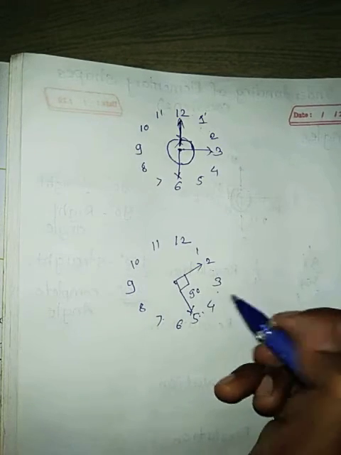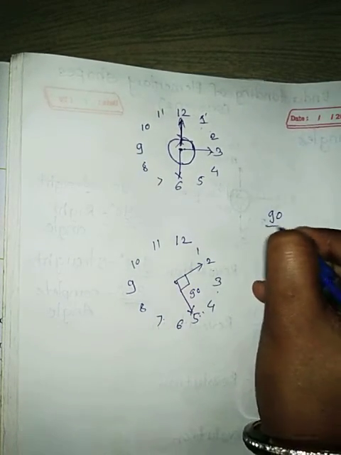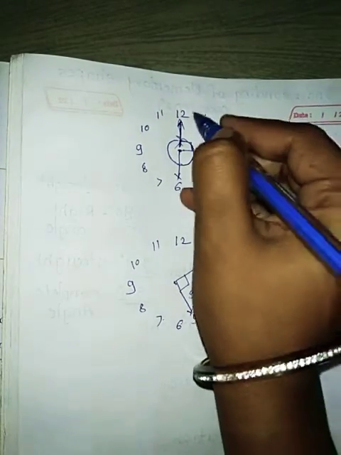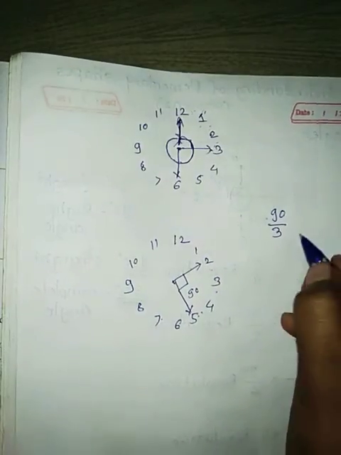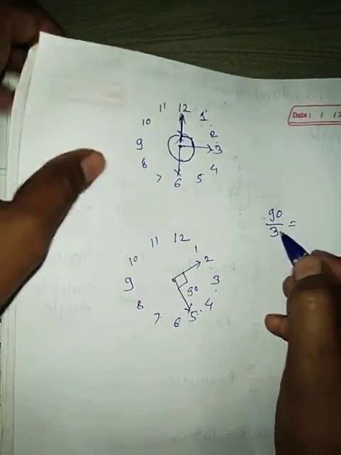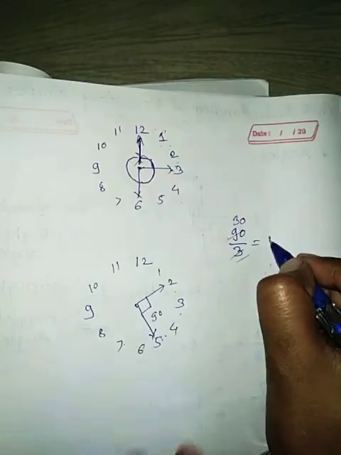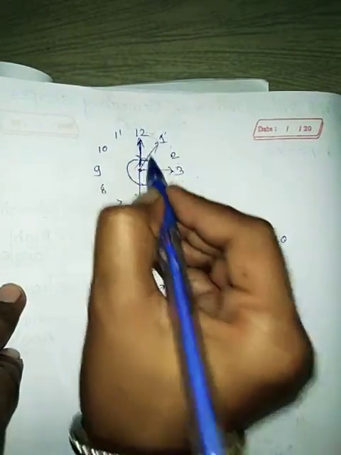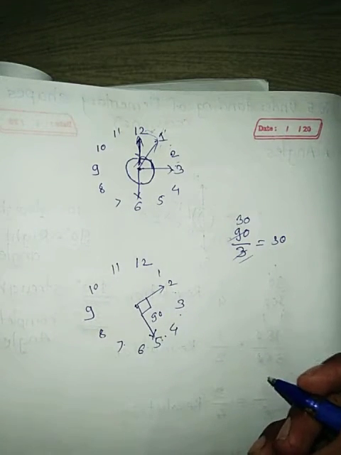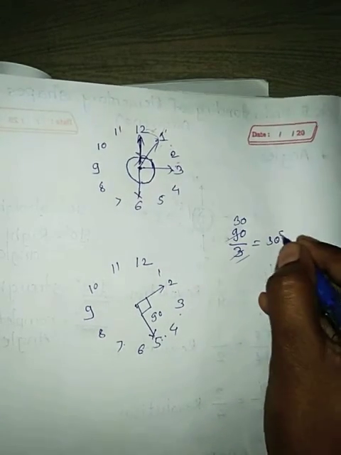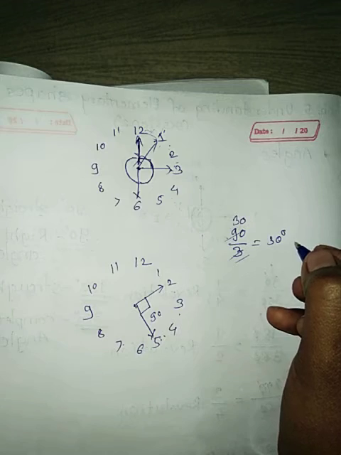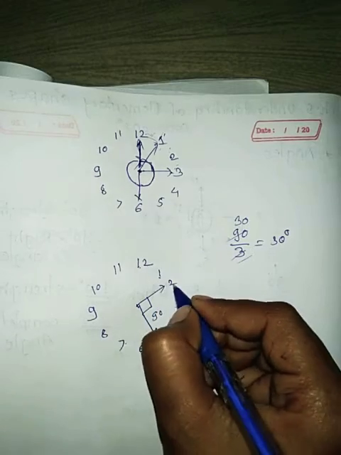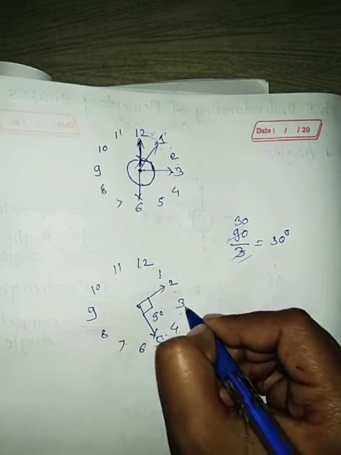So 90 degrees for 3 divisions of the clock. 90 divided by 3 is 30 degrees, so each part is 30 degrees. From 12 to 1 it is 30 degrees, 1 to 2 it is 30 degrees, 2 to 3 it is 30.